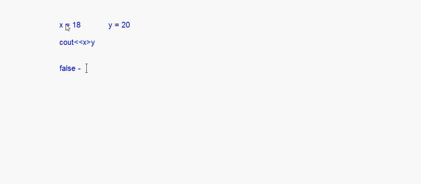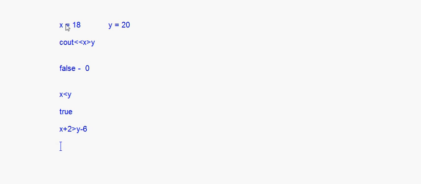Instead it will be shown like this: 0. X greater than y is false, that is a 0, right? Now suppose we do something like this: x less than y, then it should give a true, which is 1. If we have something like this: x plus 2 is greater than y minus 6, right?